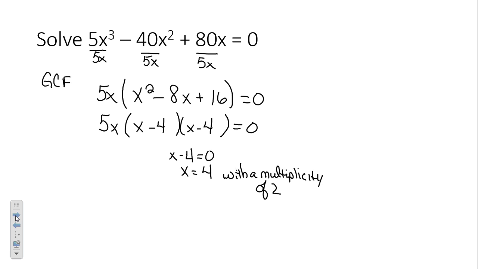You're almost there. Is 5 going to make it 0? 5 cubed times 5, 5 squared times negative 40, 5 times 80. Could be a big number. Very close.